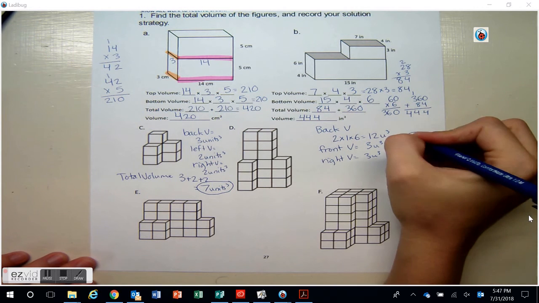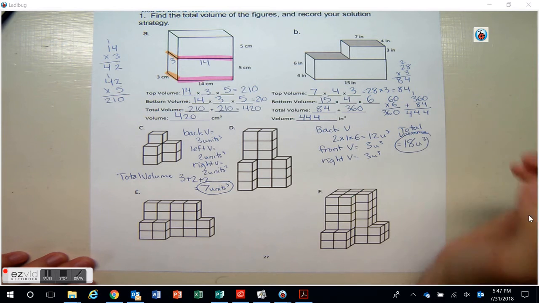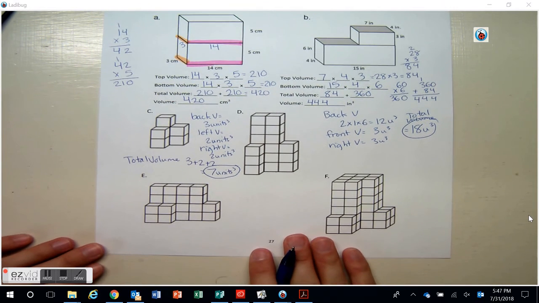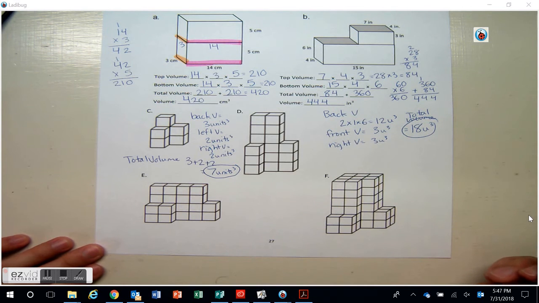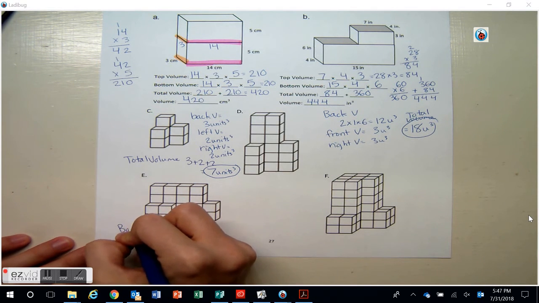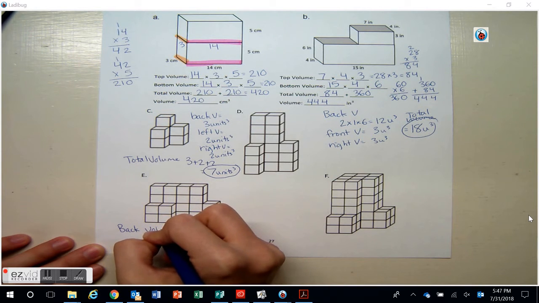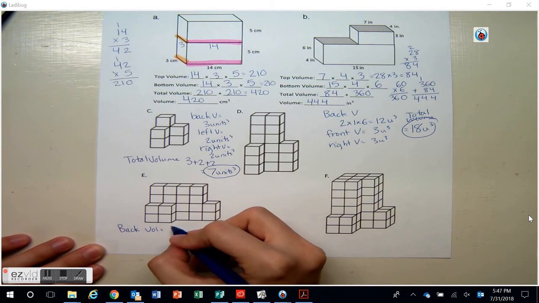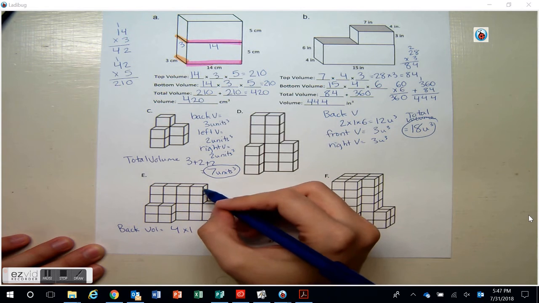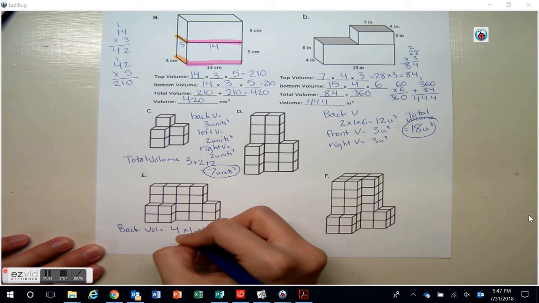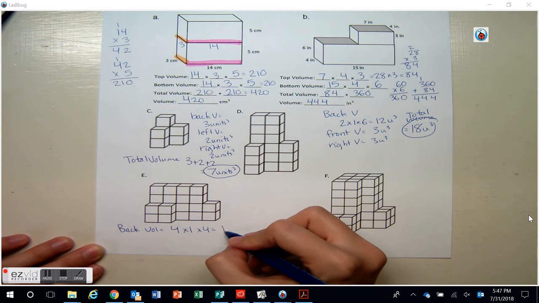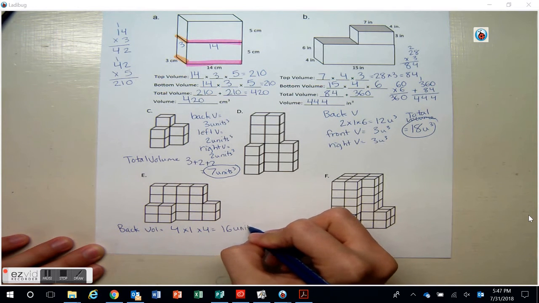I'm going to write total volume. I'd like to label it so that way I can look back and later I don't think it's 12 or 3 or 3. I know it's that 18. Okay, again, we can do a back volume. The back volume looks to be a 4 by 1 by 1, 2, 3, 4, which gives me 4 times 1 is 4, 4 times 4 is 16 units cubed.